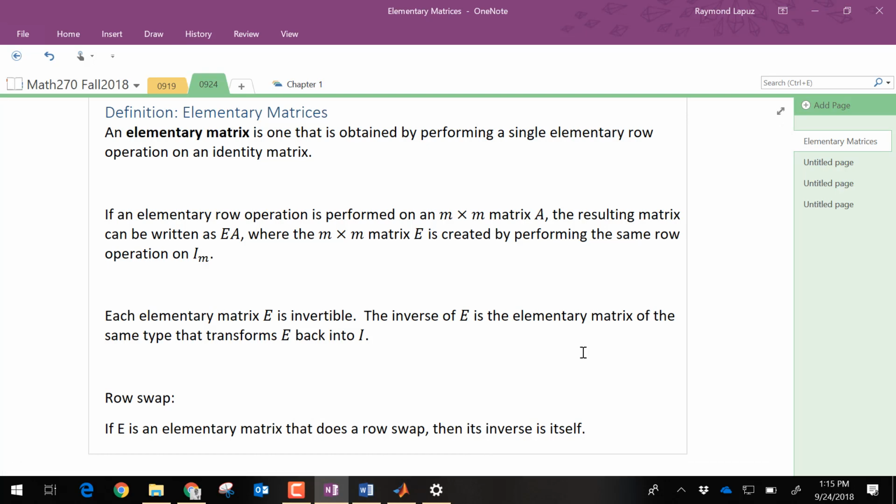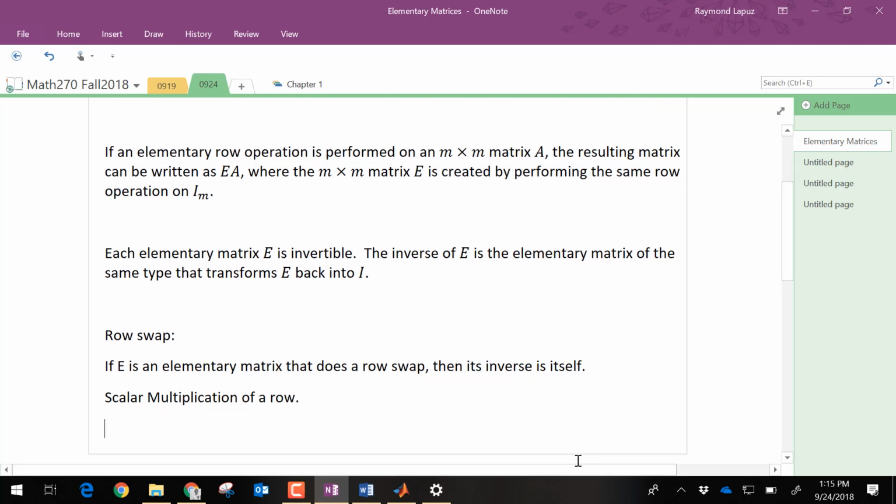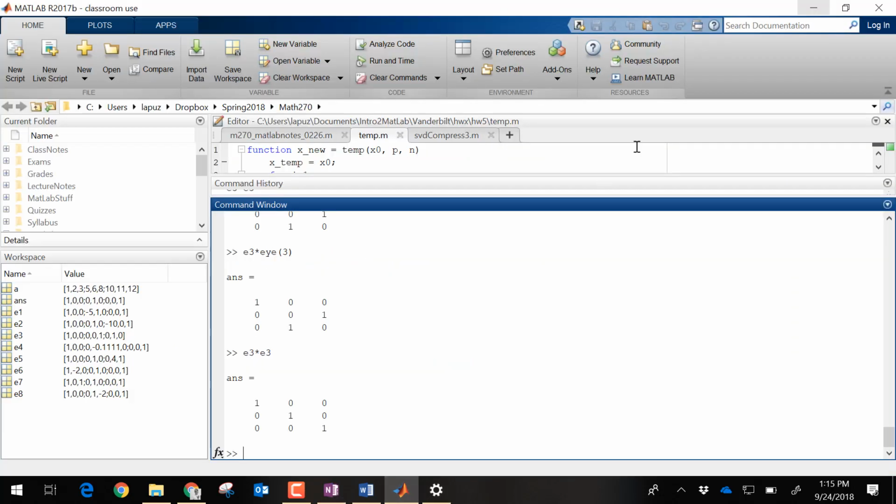The next one is, what if we do a scalar? So which one was that? E4?